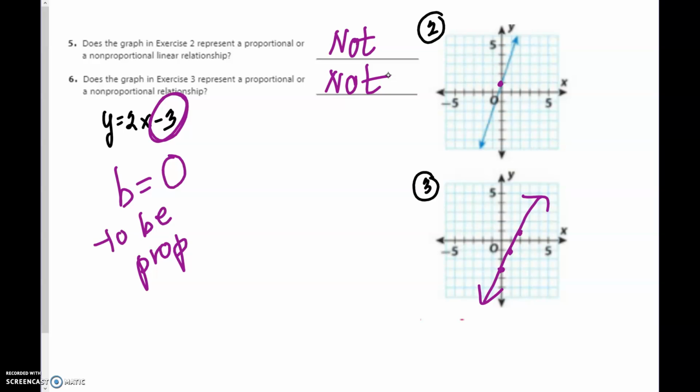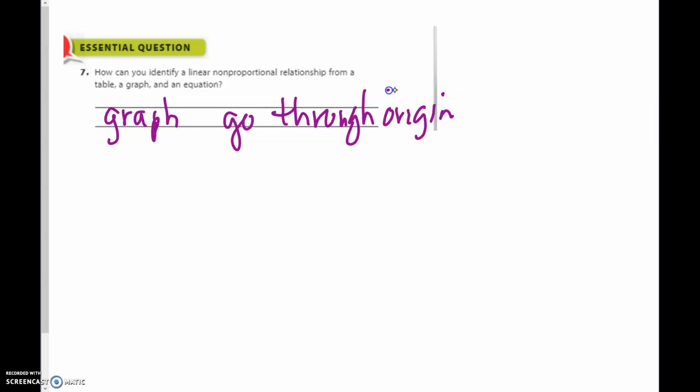All right, and the last question you guys had. How can you identify proportional relationships from a table, a graph, and an equation? Well, from a graph, we're looking, does it go through the origin? Okay, that's our big thing. Does it go through the origin?